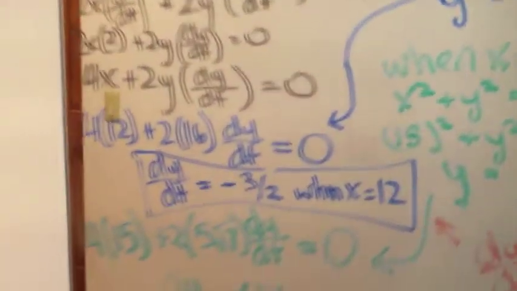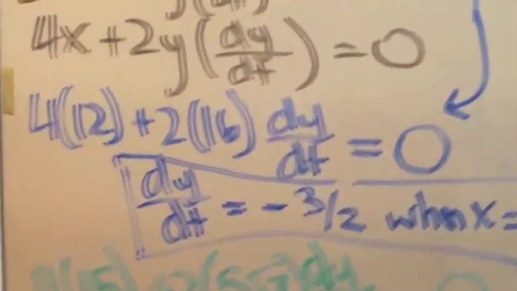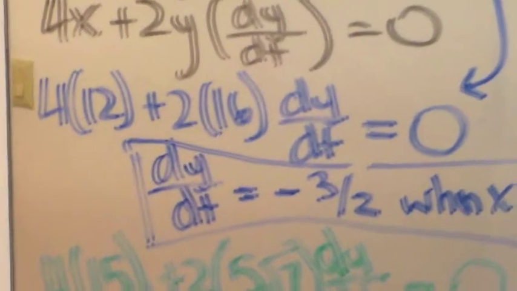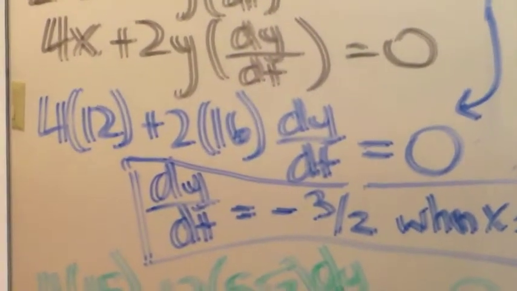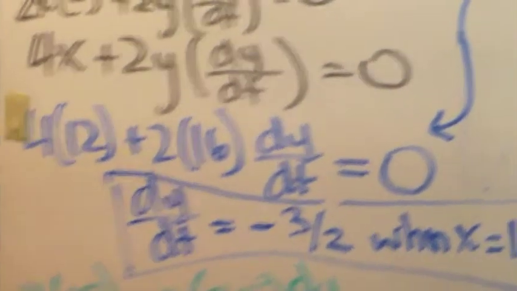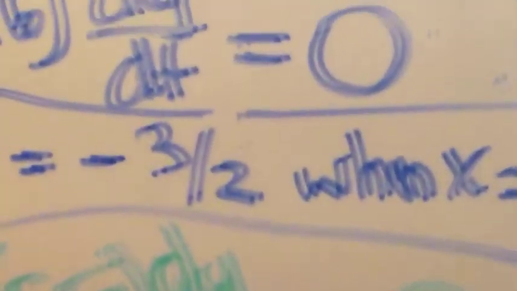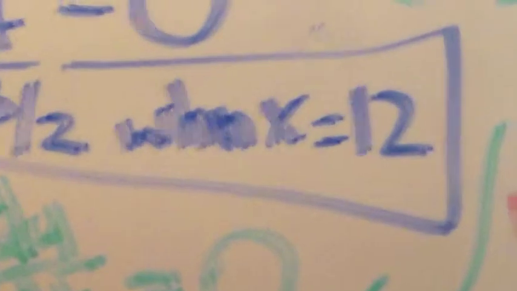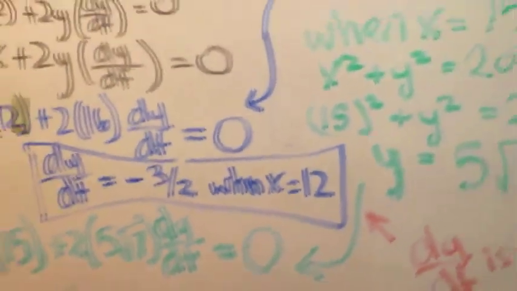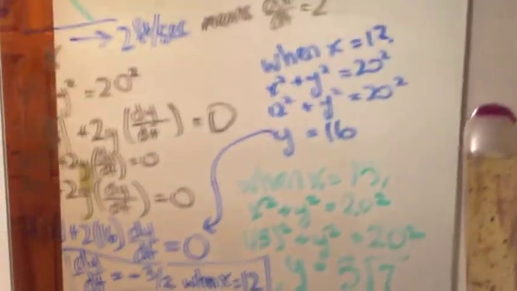Plugging x equals 12 and y equals 16 back in, since we know everything except dy dt, we find dy dt equals -3/2 when x equals 12.